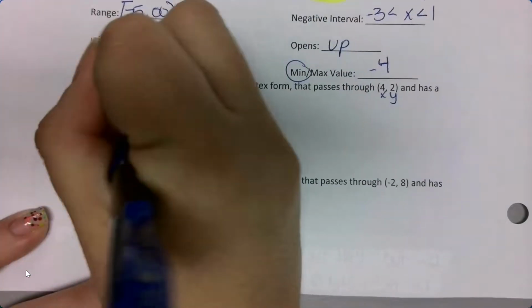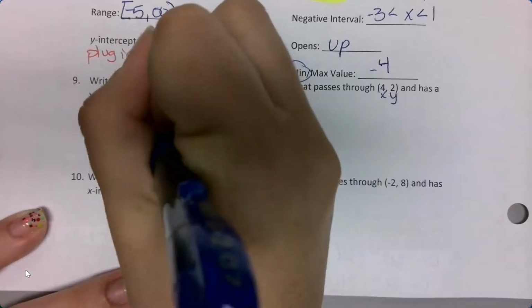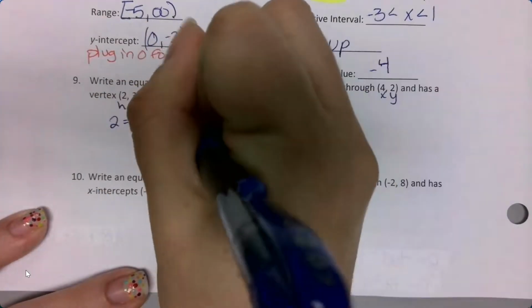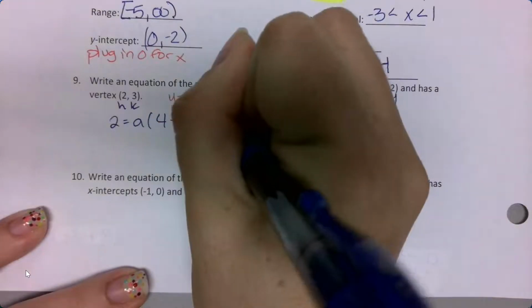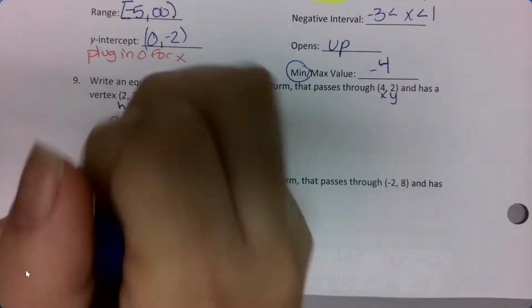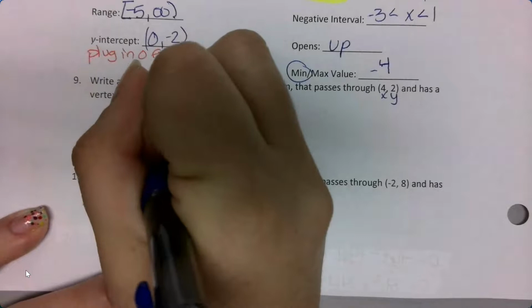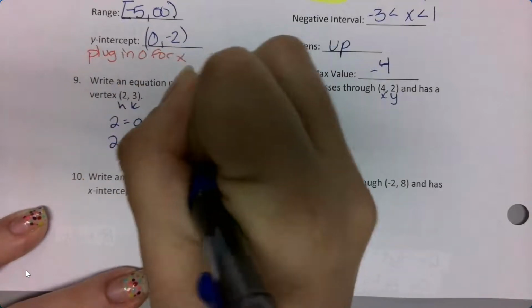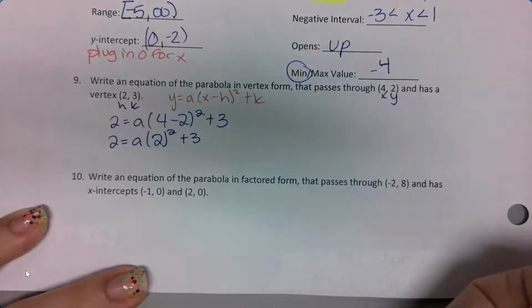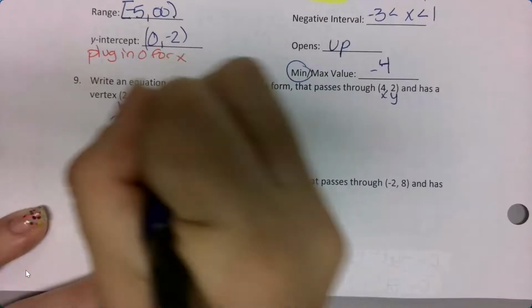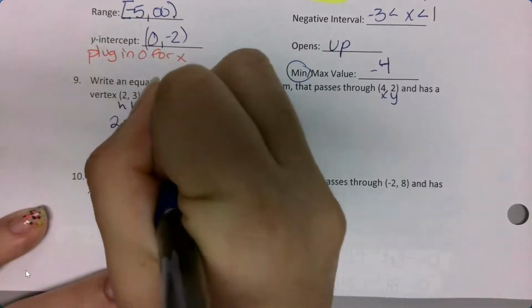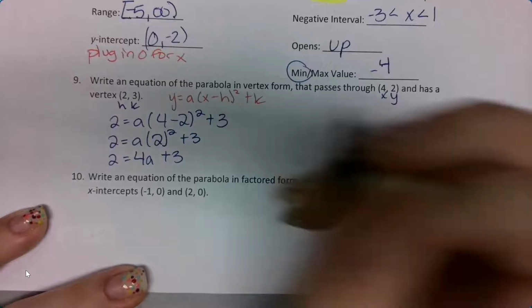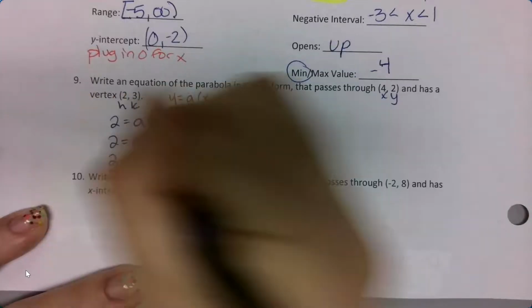So I have 2 equals a, parentheses 4 minus 2 squared plus 3. So then I want to do the parentheses first. 4 minus 2 is 2, so I have 2 squared plus 3. Then I want to figure out what 2 squared is. That is 4. I write numbers in front of the letters. So I have 4a. I want to subtract 3 on both sides.